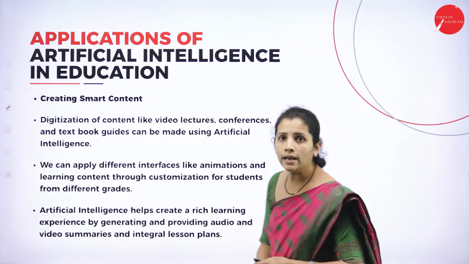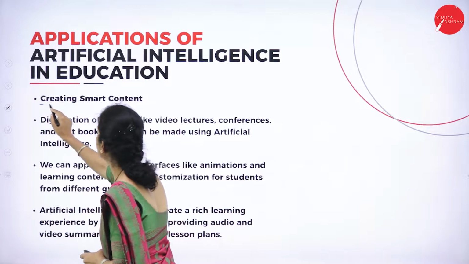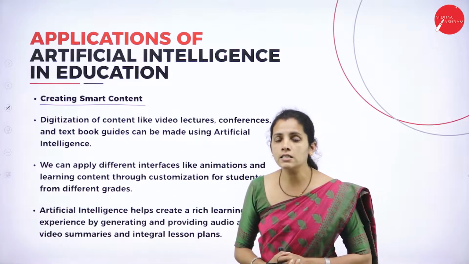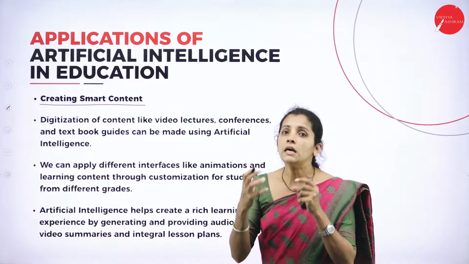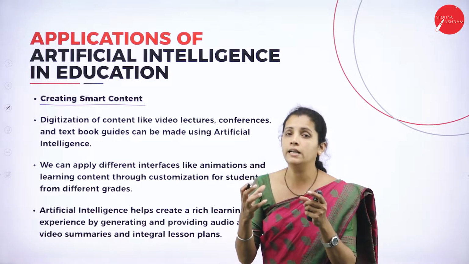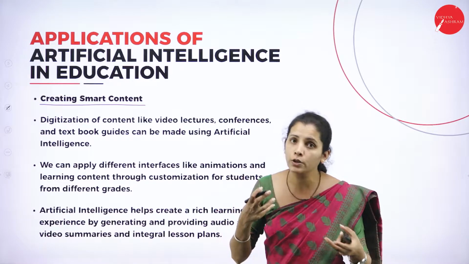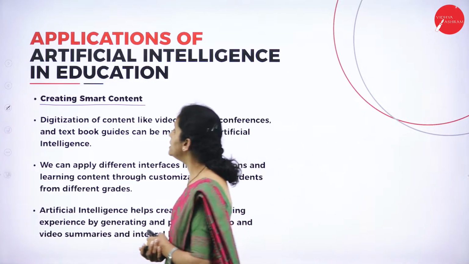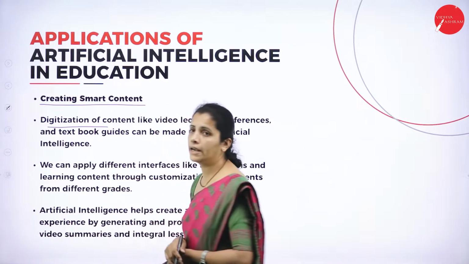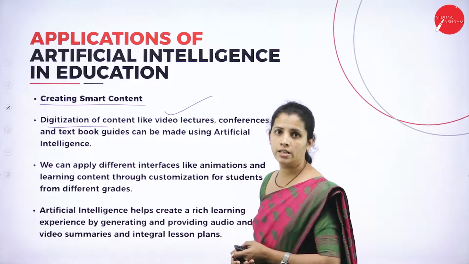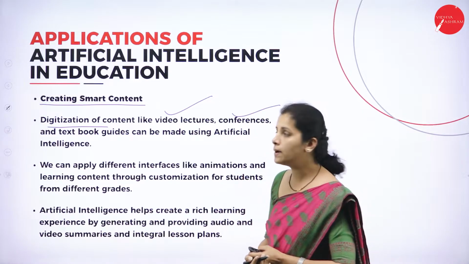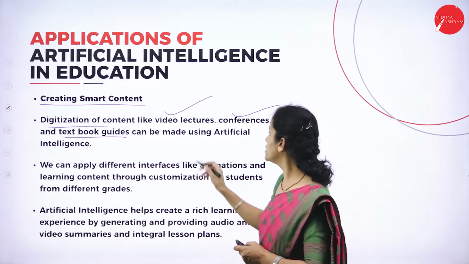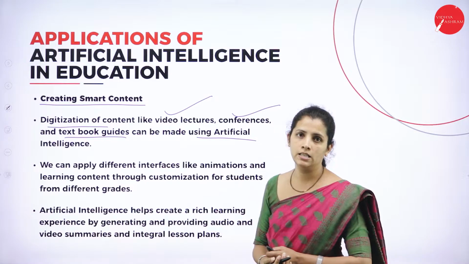Now, another point under education is creating smart content. There are certain times we have to create smart content as well as live interactive content. For that, I'm going to use AI. So, digitalization of content like video lectures, conferences as well as textbook guides can be done by using artificial intelligence.